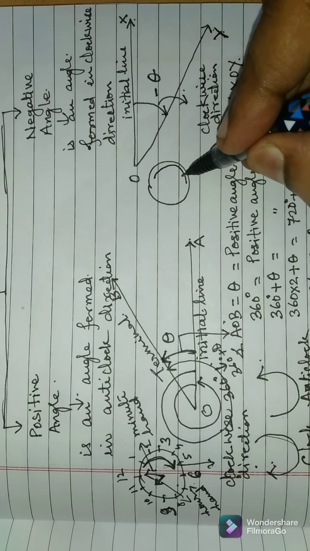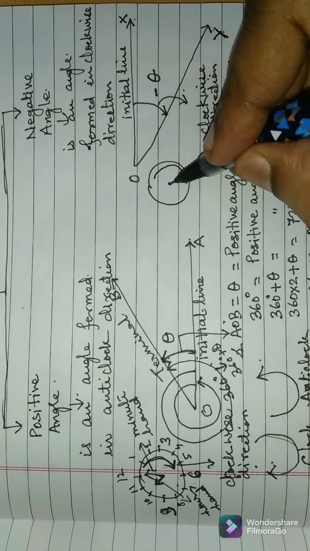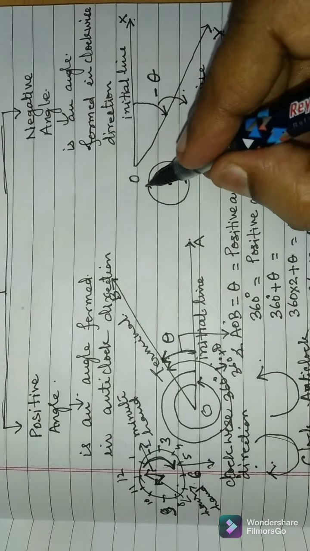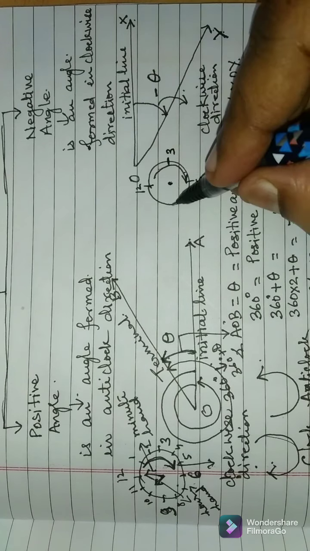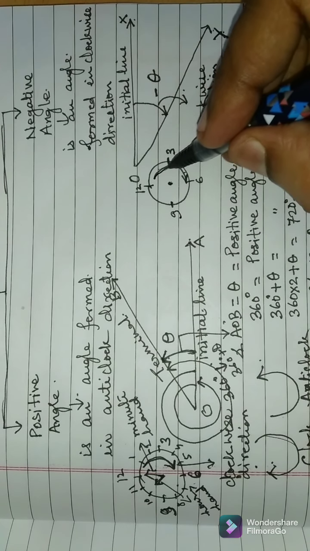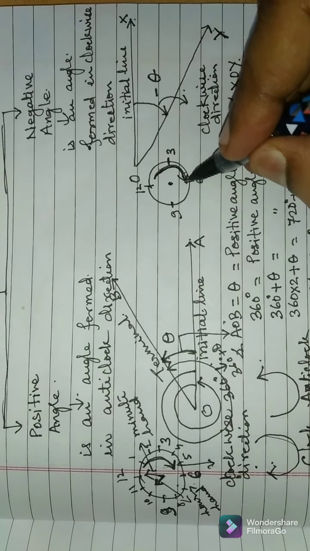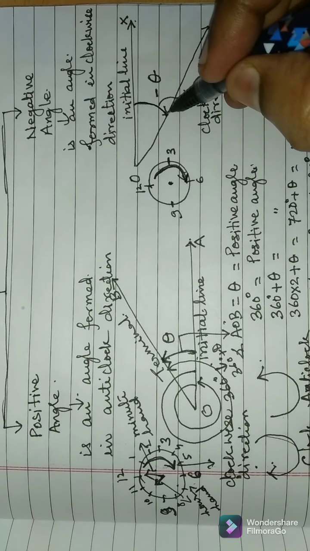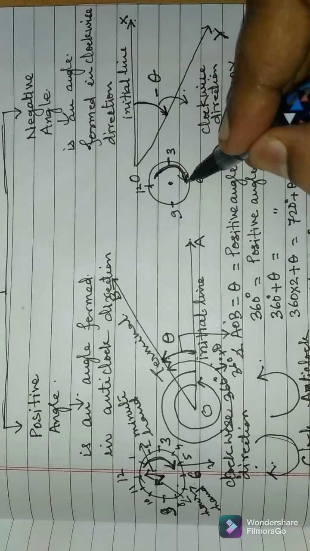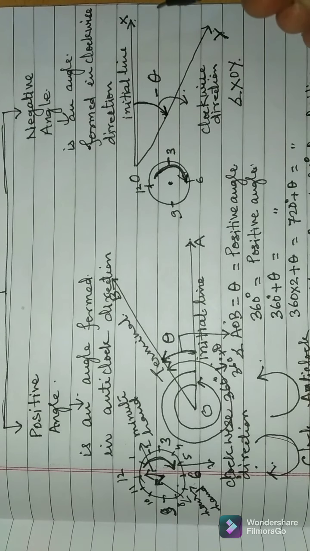As you know, the hands of the clock move in this direction. Here the direction of the clock and the direction of the angle are both the same, therefore it is a negative angle.